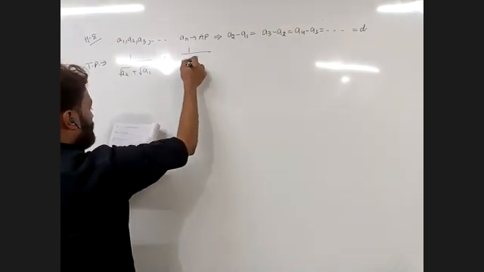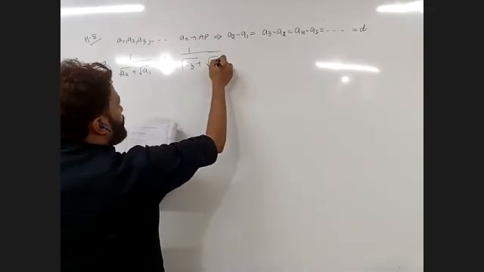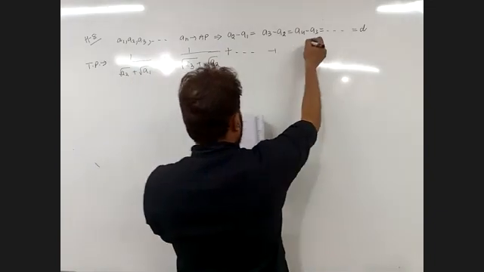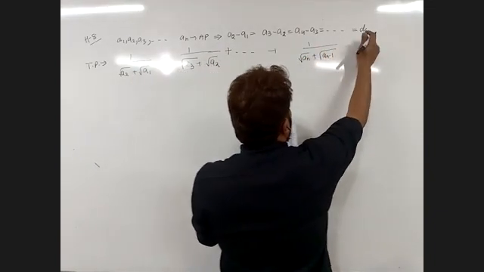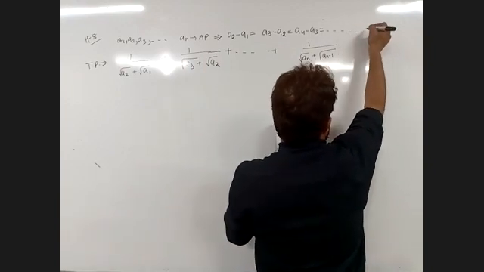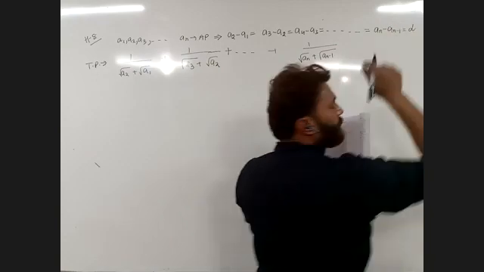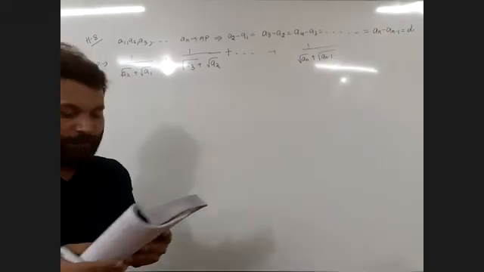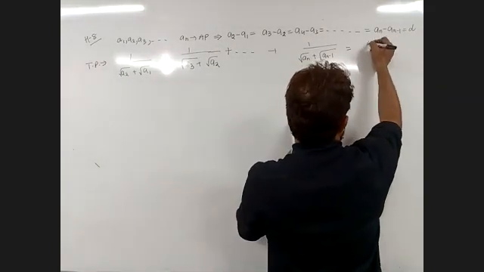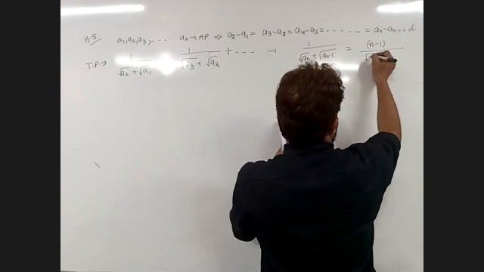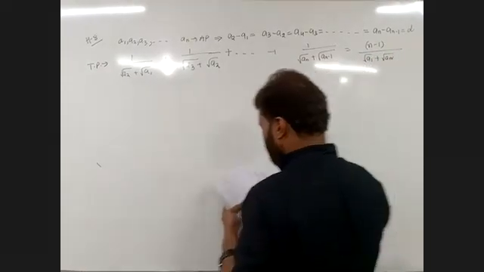Plus 1 upon root a3 plus root a2, and so on till root an plus root an minus 1. The dash dash will continue, and an minus an minus 1 will also be equal to d. And we need to prove this is equal to (n minus 1) upon root a1 plus root an. This is what we have to prove.